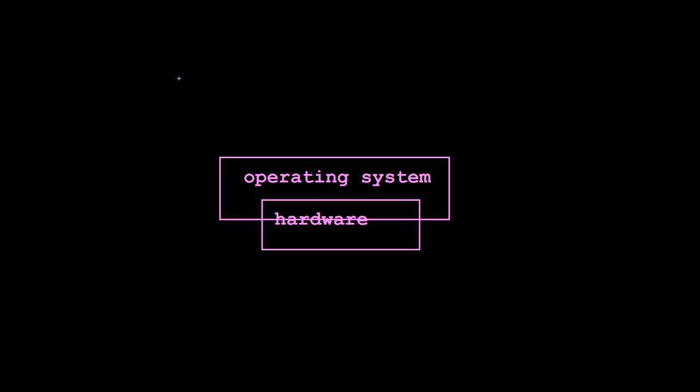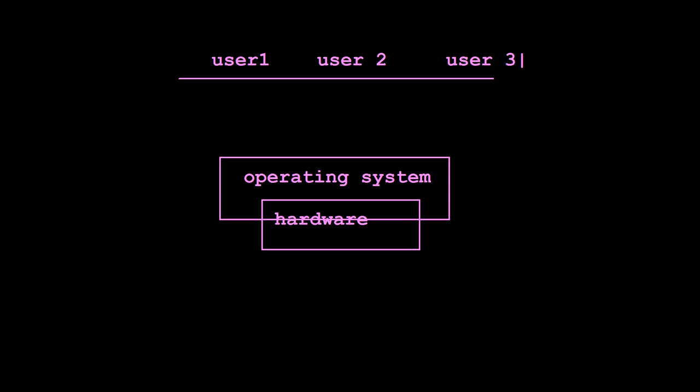Finally we will have the users here on top. Users cannot directly use the hardware devices. For example, here we have user 1, user 2 and user 3. The users will access the hardware devices through the operating system.